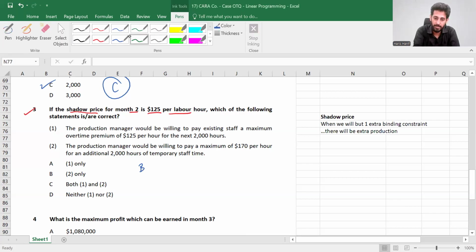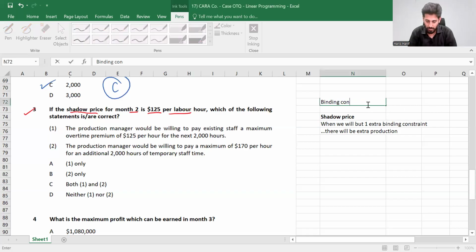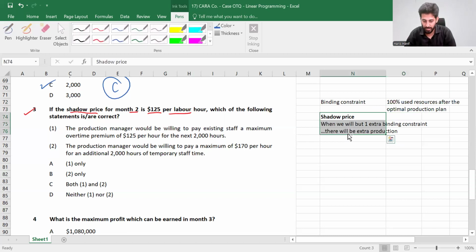Binding constraint means, I guess I should write it over here. Binding constraint, that is 100% used resources after the optimal production plan, right?